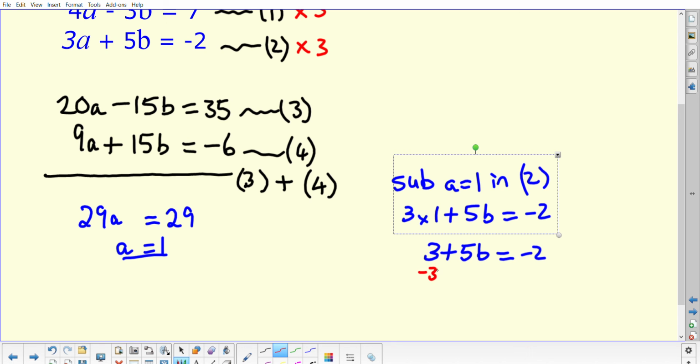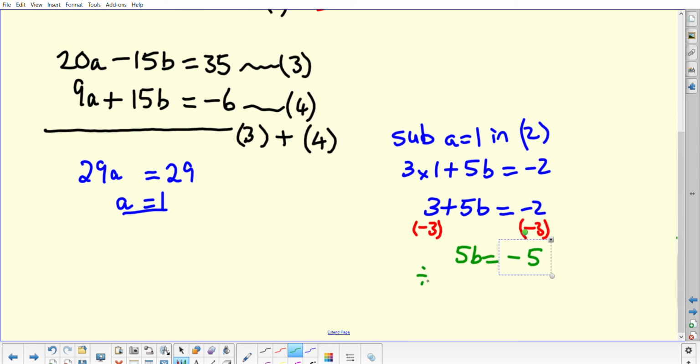I'm going to subtract the 3, and that would mean I get 5b equals minus 2, add minus 3, that's all together negative 5. And if I then divide each side by 5, I get that b is equal to minus 1.